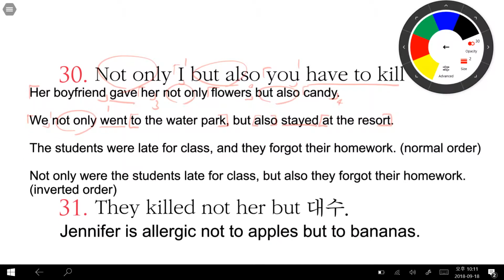There is one tricky thing about using not only, but also. When it's used to connect two independent clauses, the word order in the first clause changes through a process called inversion.